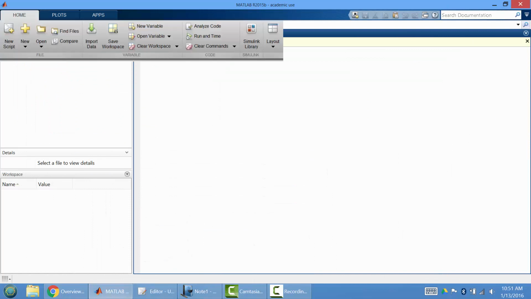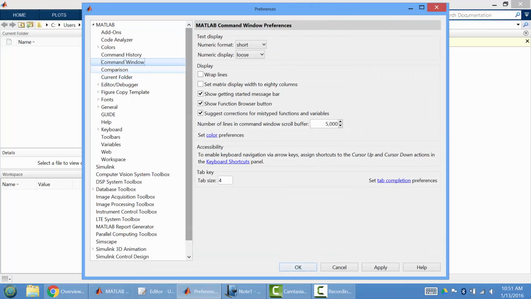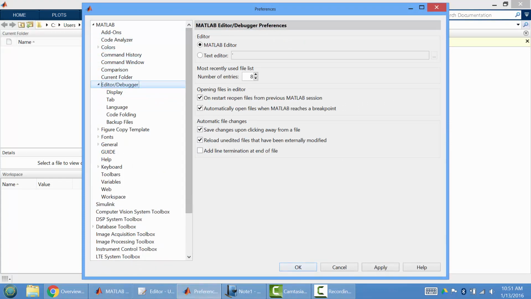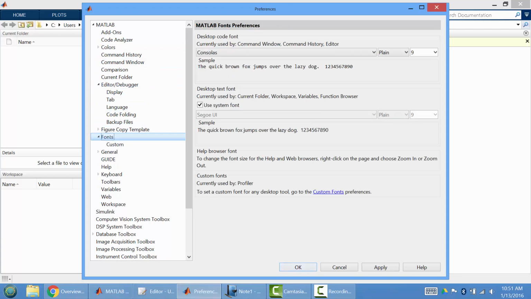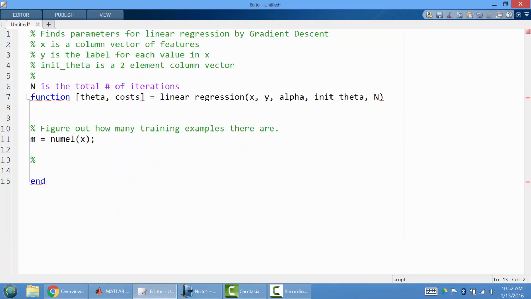I've never used 2015 before, so it's a little weird. Let's see, analyze preferences, code, the MATLAB editor, fonts. Let's bump this to 16. Okay, how's that?